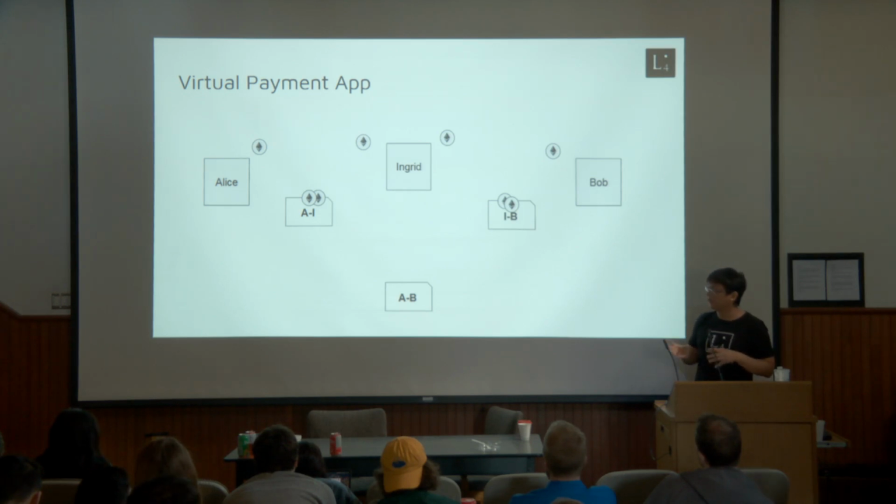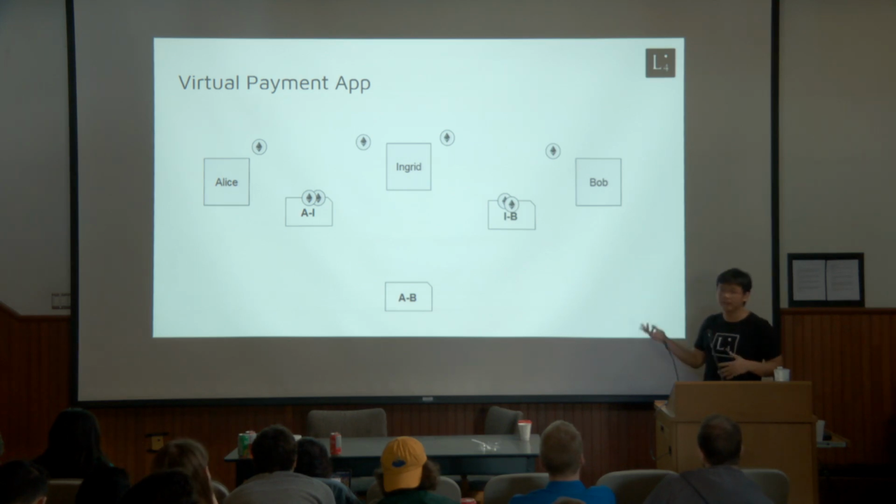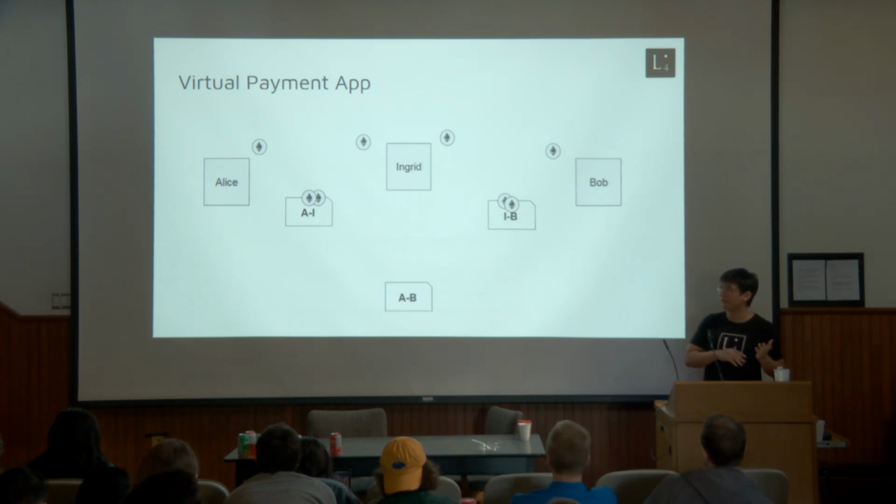But now, instead of the common thing being a binary outcome, like did the hash get revealed or not, it becomes a richer outcome that represents all the possible states the payment could have taken. Alice put in 1 ETH, Bob put in 1 ETH, the route is fully collateralized, so it could go anywhere from Alice owning 0 and Bob owning 2 to Alice owning 2 and Bob owning 0.